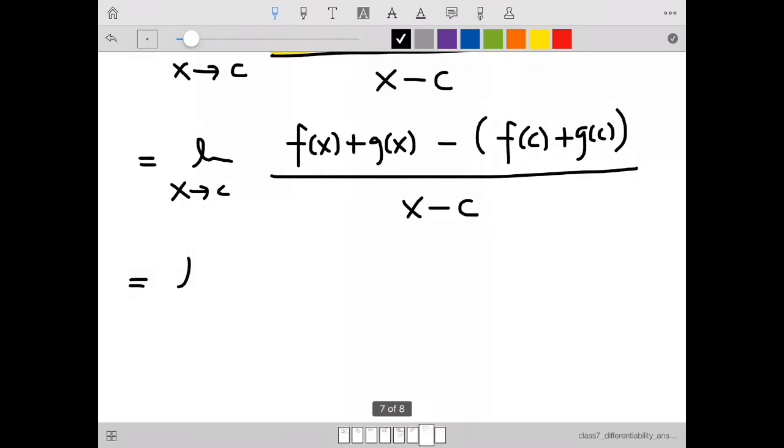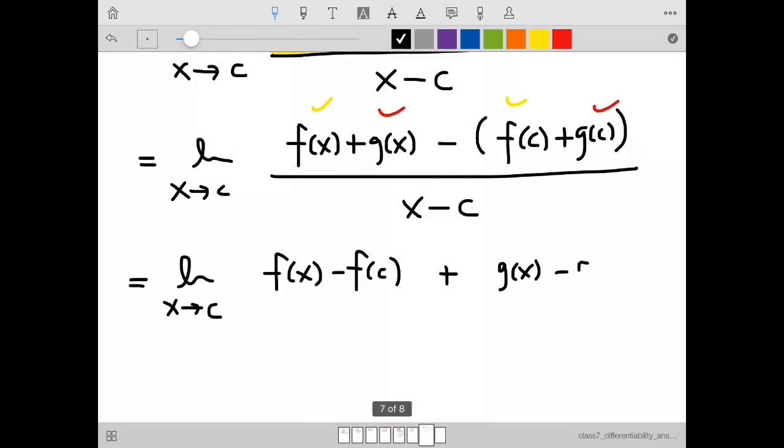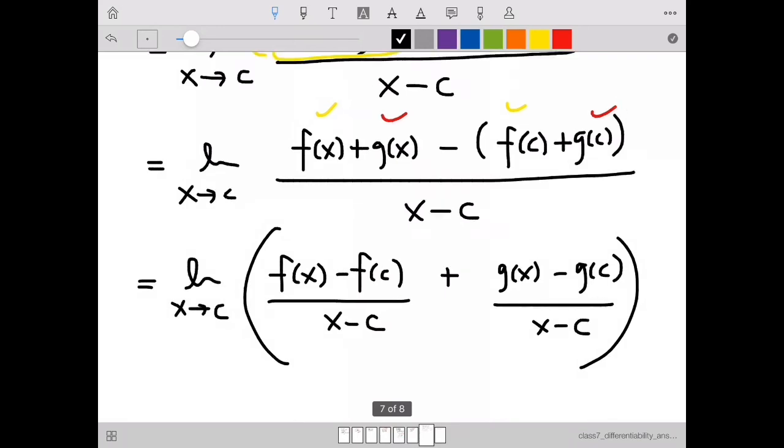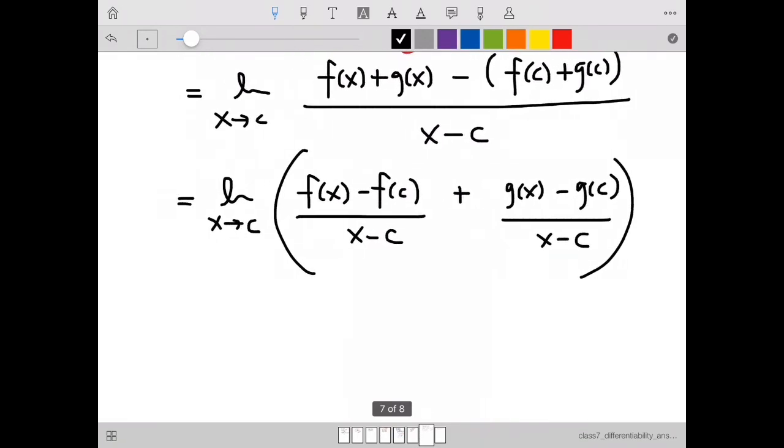And then this is the limit as x approaches c. Now I can combine f together and g together. Then I get f of x minus f of c, and then plus g of x minus g of c. And then I can give x minus c as the common denominator. So I can write this as a sum of two fractions.